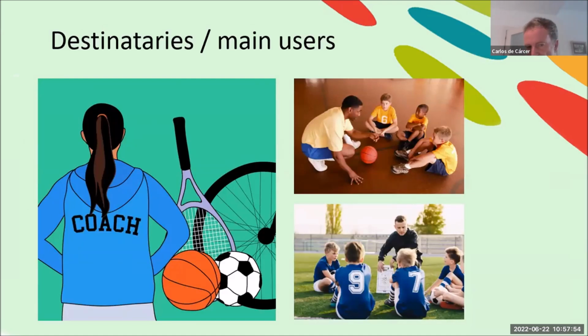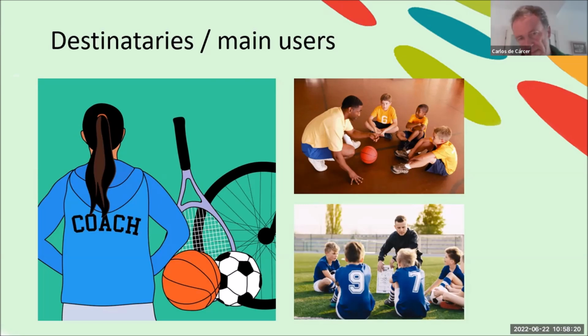I think it's anyone who is sensitized and aware about the importance of fighting discrimination, who has this type of sensitivity. But because we are working in a sport context, let's say the main destinataries are educators, sport coaches, youth monitors, social workers, those who are interacting with people, with the youth, with the children, with society in general in the field of sport.